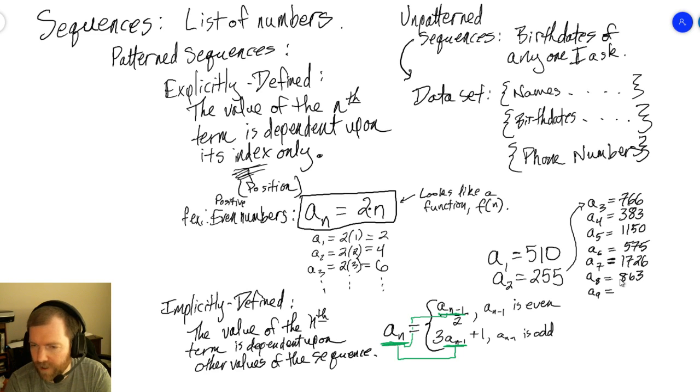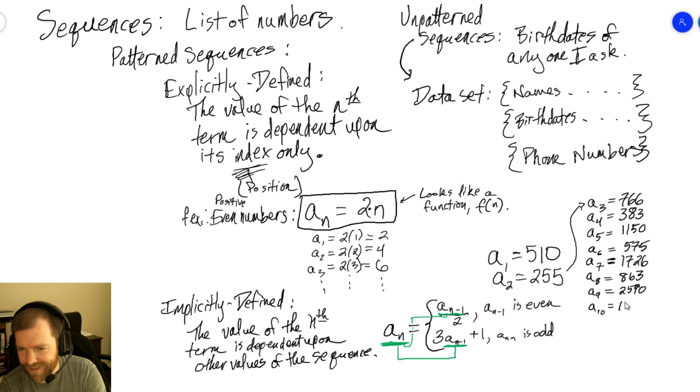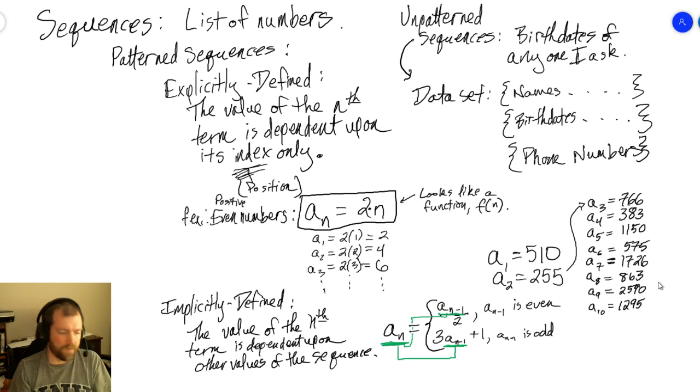So 2590 for a 9, a 10, divide by 2, and we get 1295. All right, so I'm going to avoid continuing this because I don't know how long this is going to go.